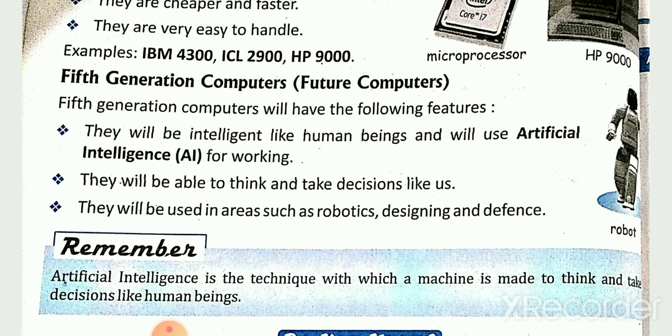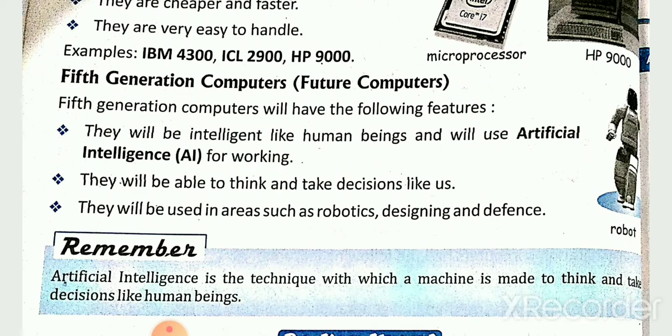Fifth generation computers will have the following features. They will be intelligent like human beings and will use artificial intelligence for working. The full form of AI is artificial intelligence.